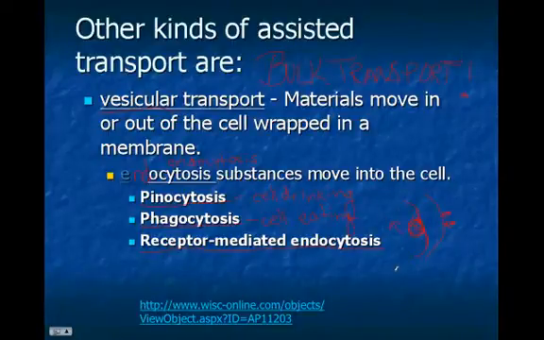That's what we call receptor-mediated endocytosis. We're probably going to use the terms phagocytosis and pinocytosis more often than receptor-mediated endocytosis, but I want you to know these are all examples of endocytosis, bringing things into the cell in vesicles.